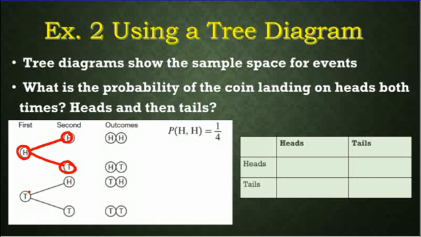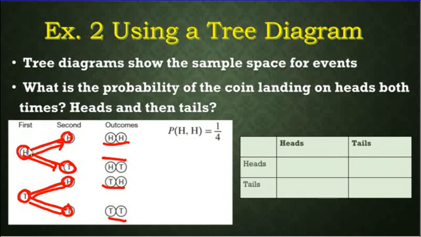But if you got tails the first time, your second flip you can either get heads or you can get tails. And so if you put them all together, you got heads, heads, that's here, or you get heads, tails, that's right here, or you get tails, heads, which is here, or you get tails, tails, which is here. So you have four different options.